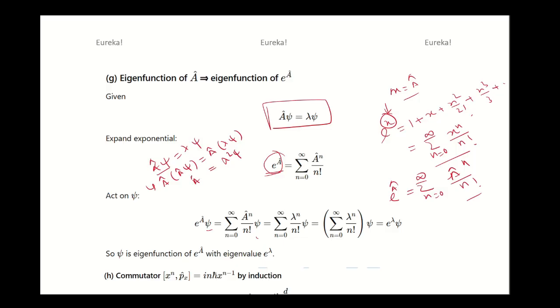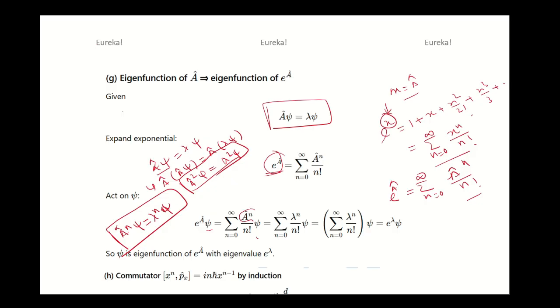So if A operates on psi 2 times, it gives the eigenvalue lambda square. That means if A operates on psi n times, then it gives the eigenvalue lambda to the power n.